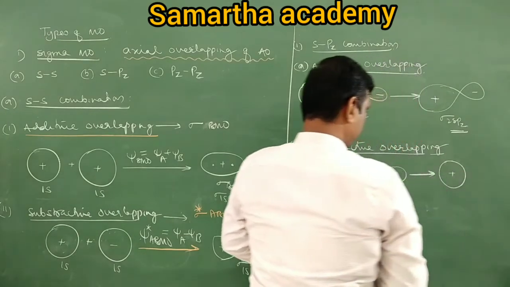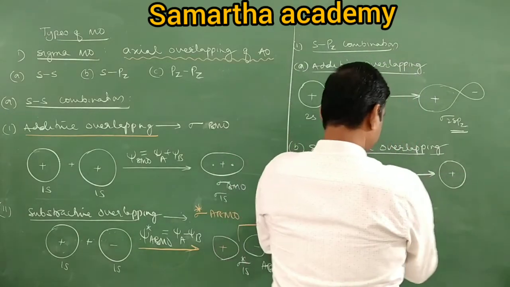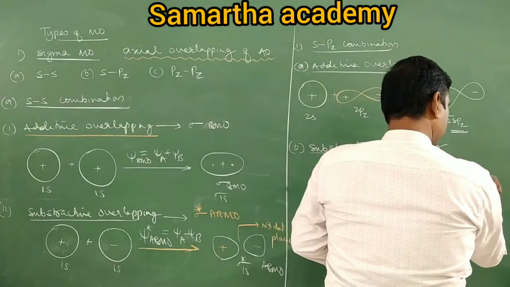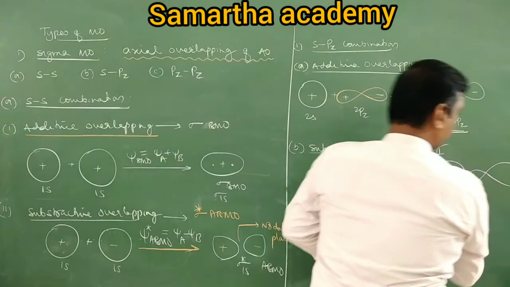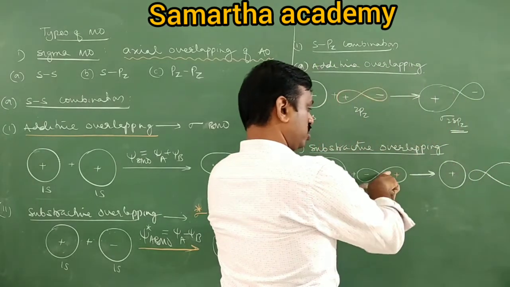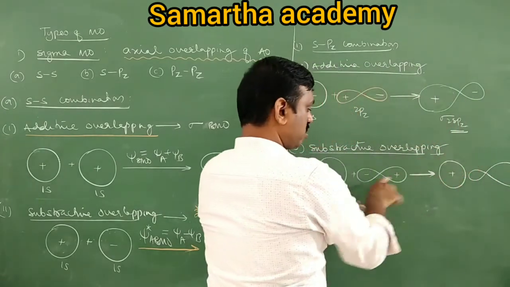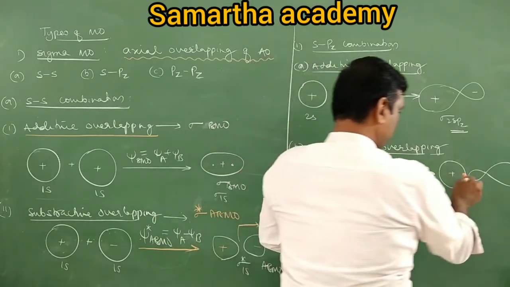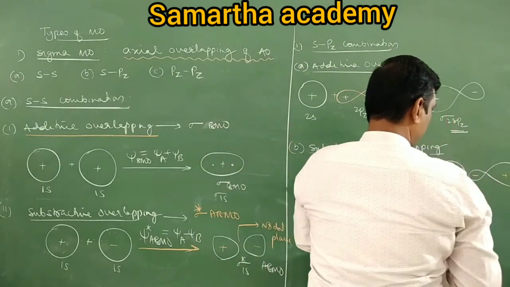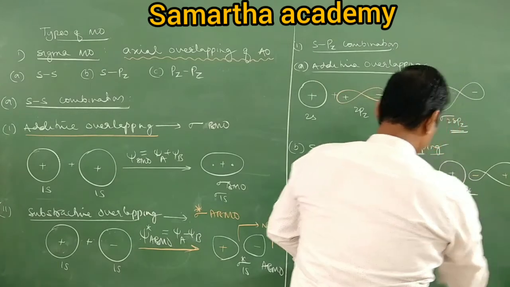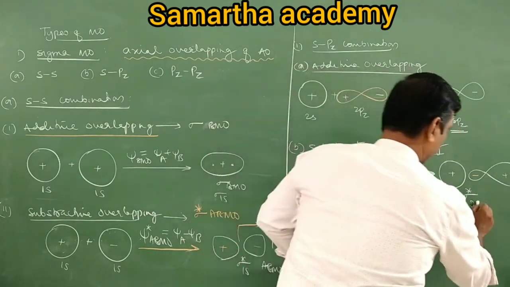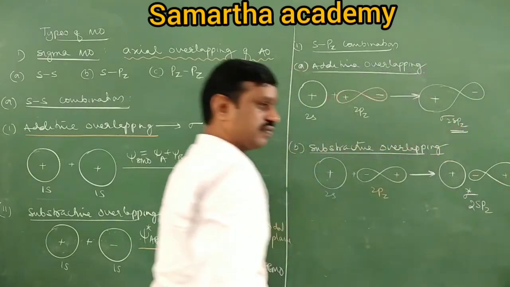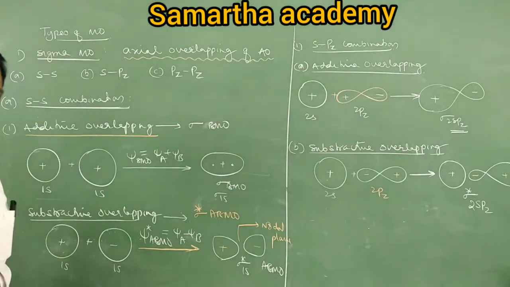You write this is positive as it is. This negative lobe, it's repulsion, actually not repulsion, but remember, it becomes like this. So this lobe becomes bigger in size, this lobe becomes smaller in size. Negative, it is positive. This is sigma star 2spz, that is an anti-bonding molecular orbital.